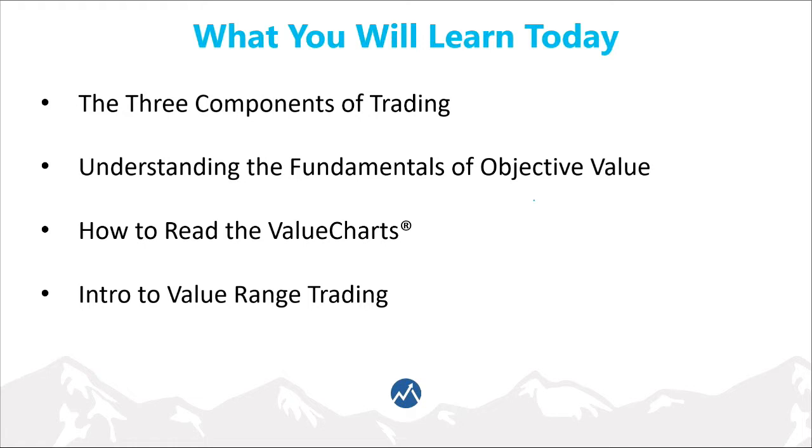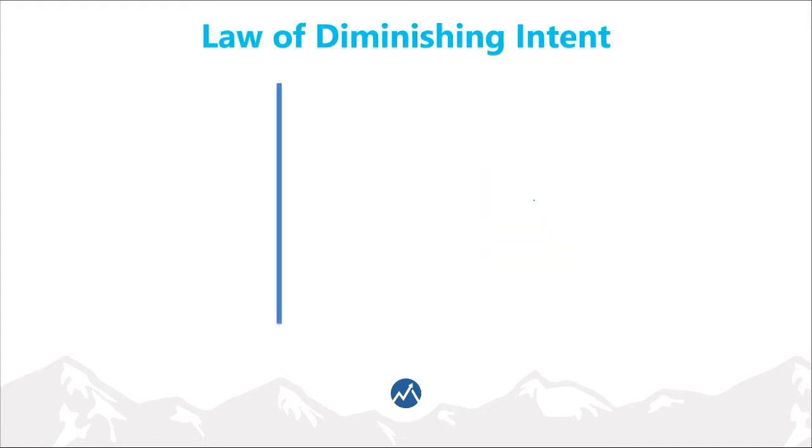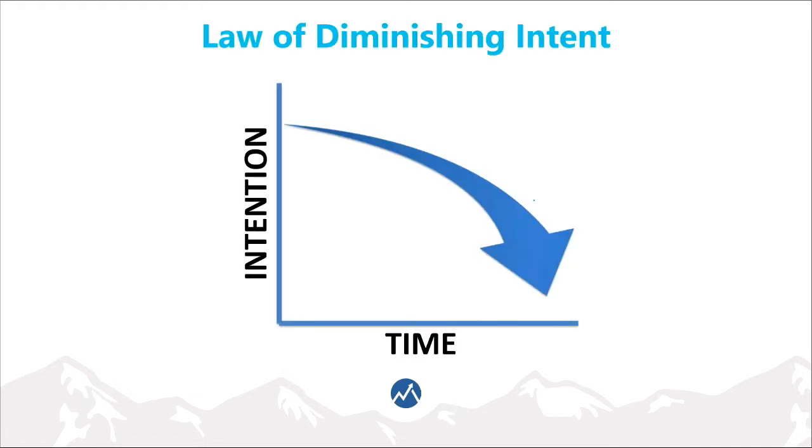All righty. So with that being said, keep in mind the law of diminishing intent. Now, this applies to more than just trading, but what the law of diminishing intent means is we always start off with the best of intentions, whether that be this is going to be the year that I follow my rules and stick to my trading plan and do everything right, or we say, this is going to be the week I start my diet.